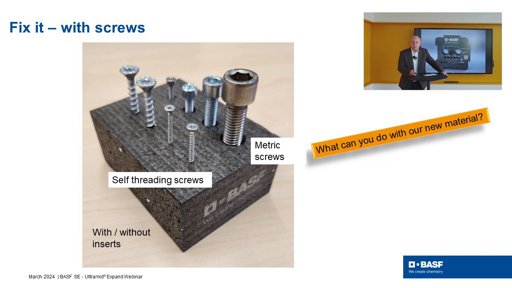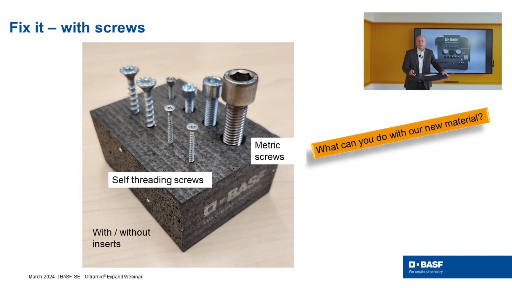Of course, you have to fix those foam parts, and here we also have investigated how we can fix it. What you see on the screen here now is we looked for screws. So on the left row you see self-threading screws, on the other side you see metric screws.